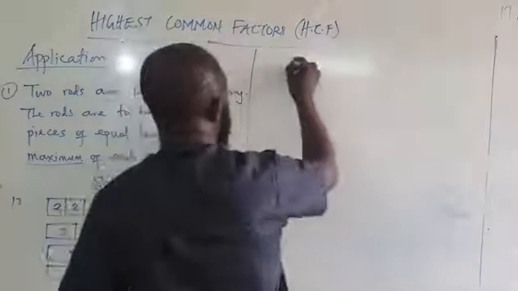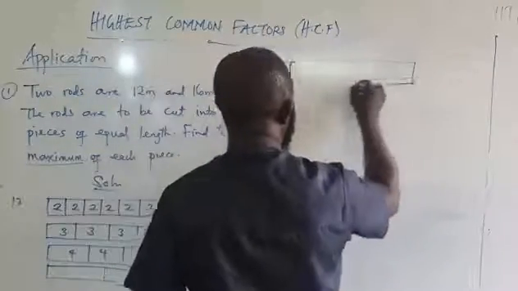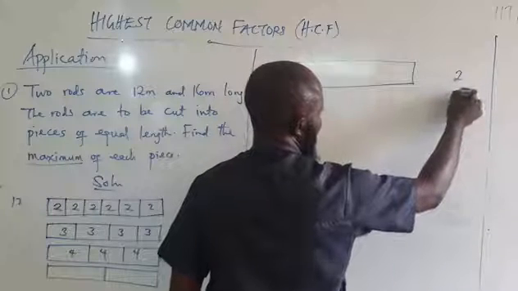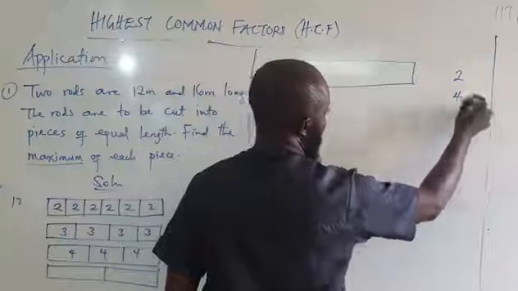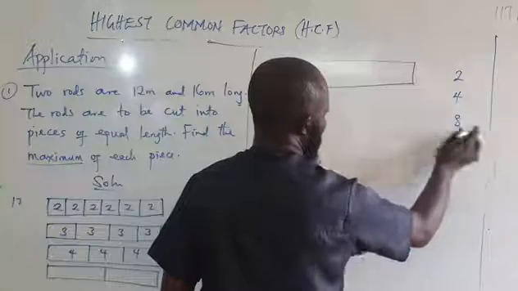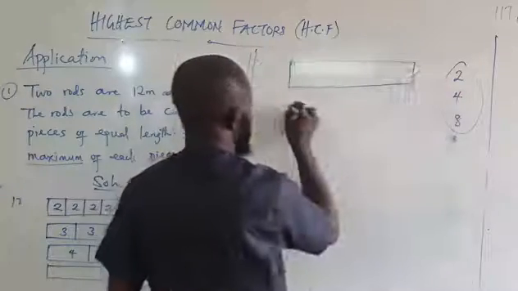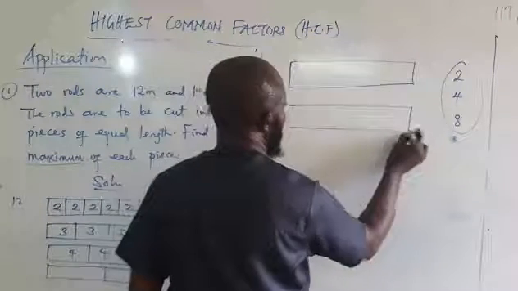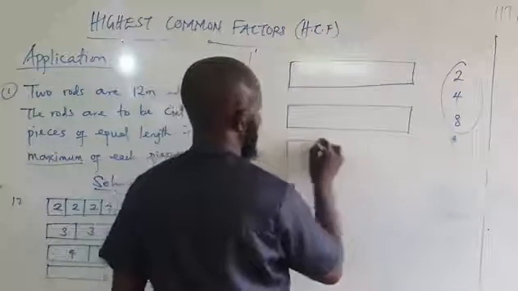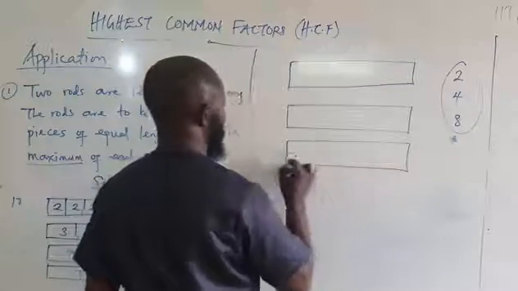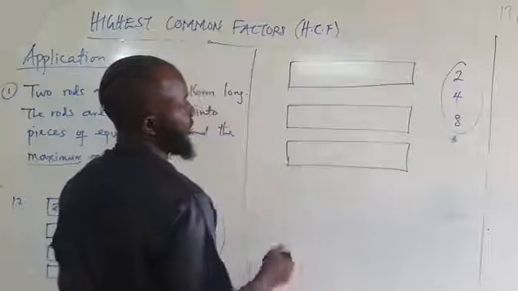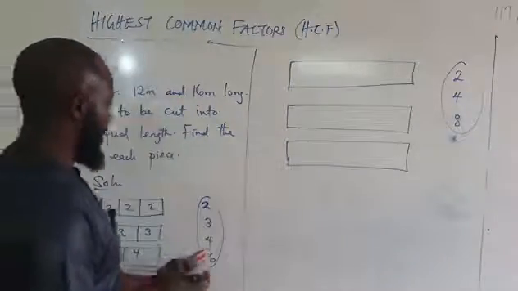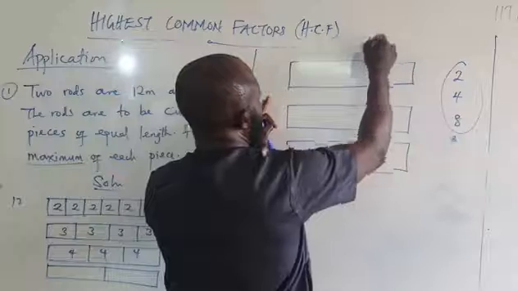So 16, this is the 16. The factors of 16 are 1, 2, 4, 8, and 16. So we look at these 3. We assume this is 16 meters long. So we have divided this into 2, 2, 2. 16 is going to give us 8 pieces.